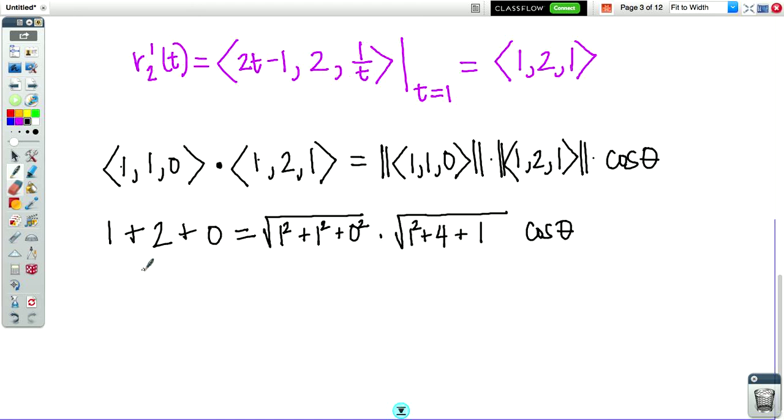So the left side of the equation is 3 equals, what do we have, square root of 2 times square root of 6, times cosine of theta.